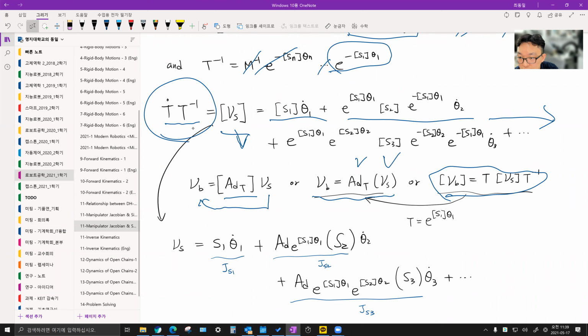So this one is the six-vector form expression, and this is the small se3 form expression. And actually the result is the same.